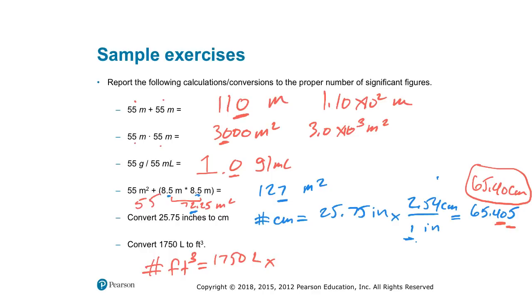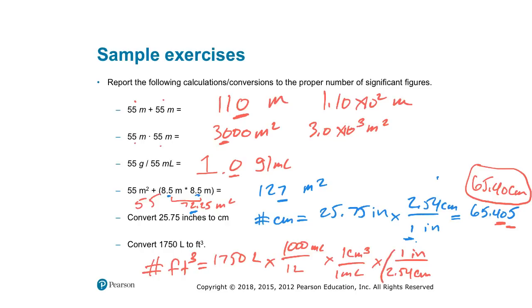So 1 liter, we saw earlier, is 1,000 milliliters. Does that help me? Well, maybe, because I know 1 milliliter is a cubic centimeter. And I know a centimeter to inch conversion. So I know there's 2.54 centimeters in an inch. Now, how does that help me here?